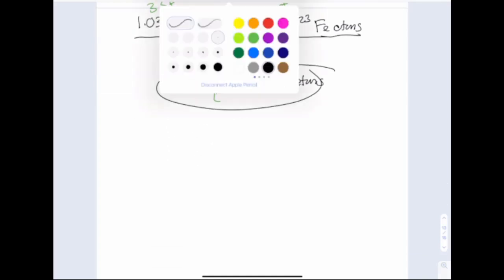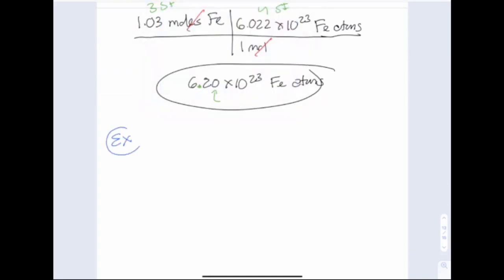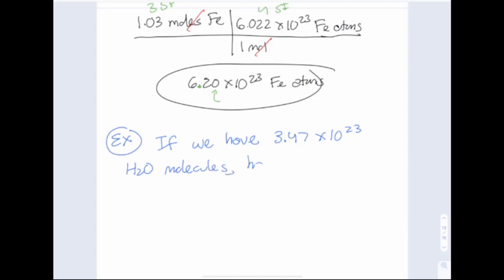Another example for us. So if we have, let's say, 3.47 times 10 to the 23rd water molecules, how many grams of water do we have?